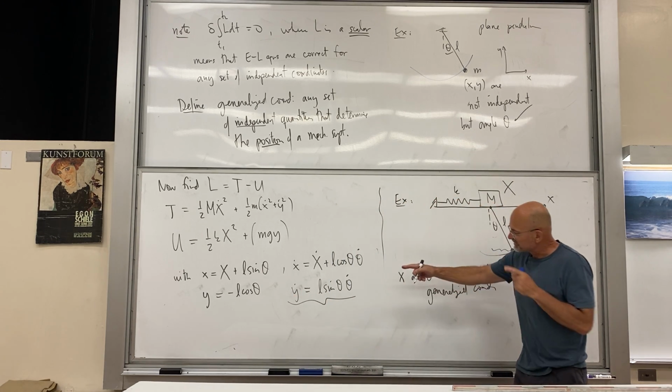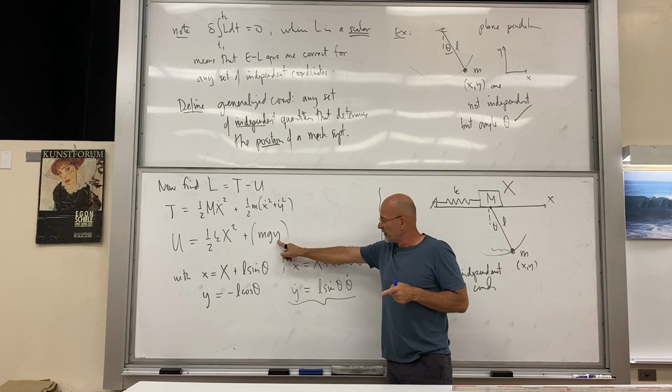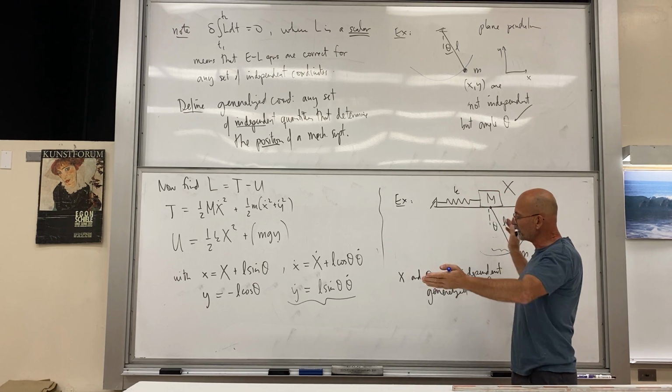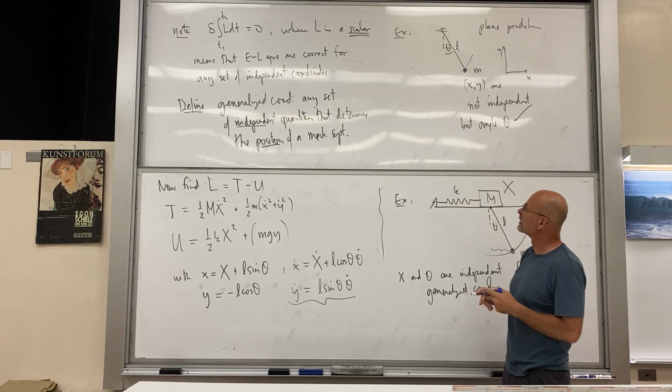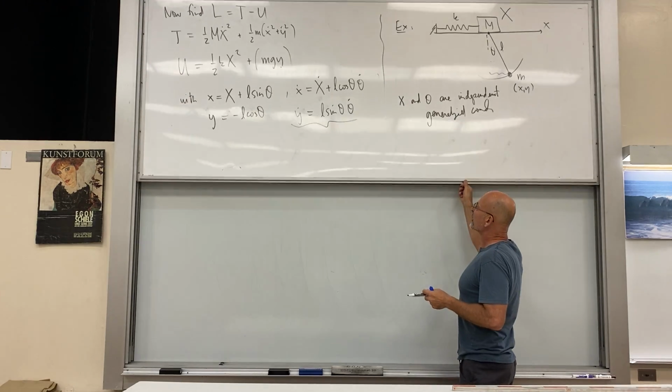And now we'll get the x dot squared plus y dot squared for this. Plug in the appropriate mgy, put everything together, and then we'll actually have the Lagrangian. So I'll go ahead and work right under here.